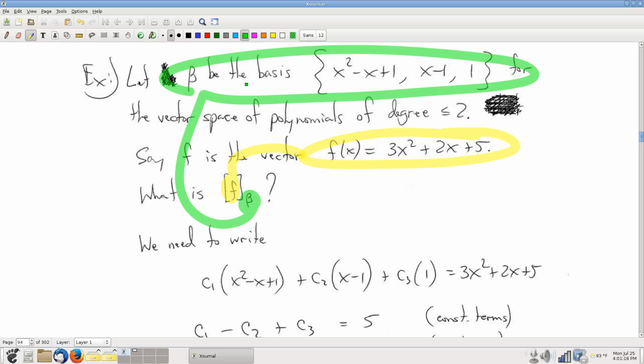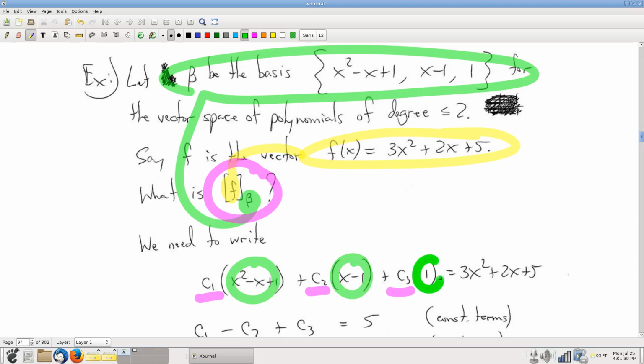All right, so going back to our definition, we have a definition of what these numbers are. The coordinates of a vector with respect to a basis. Coordinates are the coefficients in the linear combination of the basis vectors that gives you the vector in question.